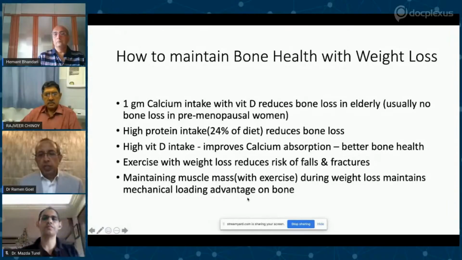So I think what we have discussed today is obesity and weight loss both are risk factors to bone disease. We can avoid risk when you are losing weight. So weight loss is important, and it helps you in improving your bone health and avoids problems.